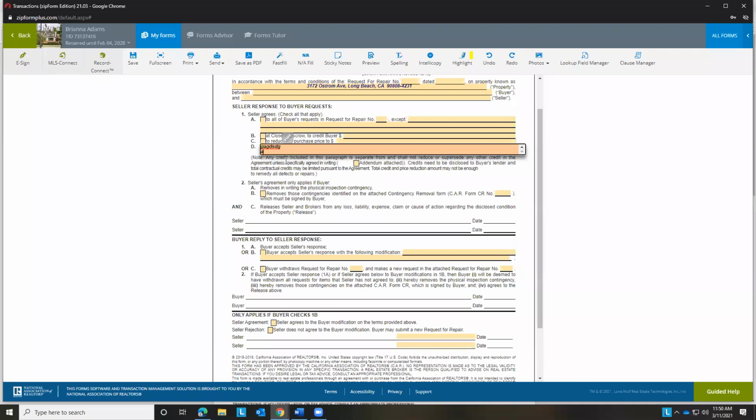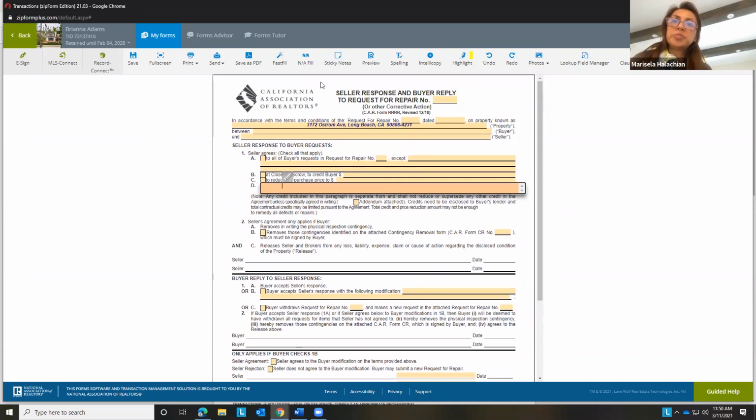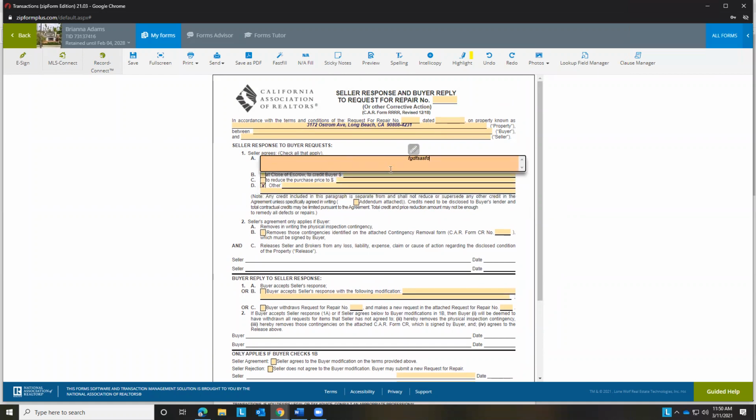So you can do the same thing with the seller's response. And I think it does it for the top portion too. No matter how much you write there, as long as you push enter at the end of the line, it's going to give you more lines to write on.